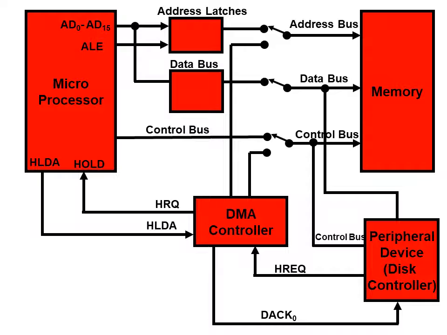After this acknowledgement signal, this DMA controller IC 8257 or 8237 will take control of the system bus, that means address bus, data bus and control bus, and then it will provide the device acknowledgement signal to this device. Now because the system bus is under the control of the DMA controller, the CPU is not involved. Now this DMA controller will perform the data transfer between memory and input output device.